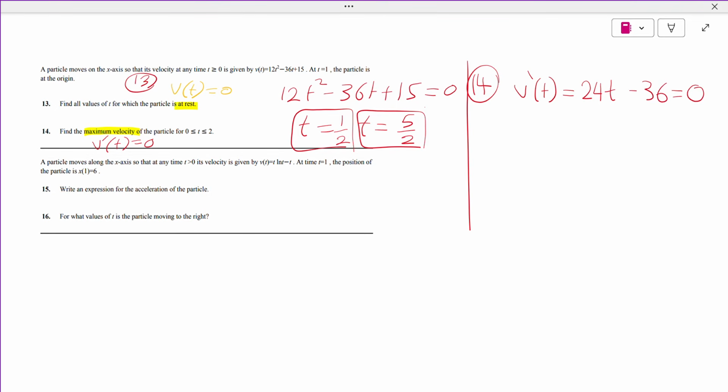Set it equal to 0. You get t equals 36/24, which is 1.5, 3/2.